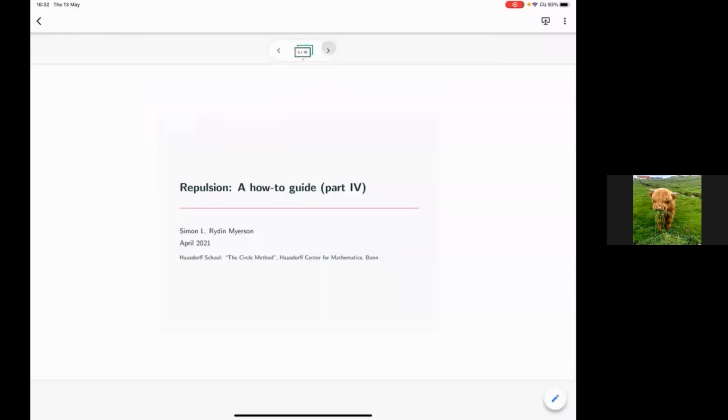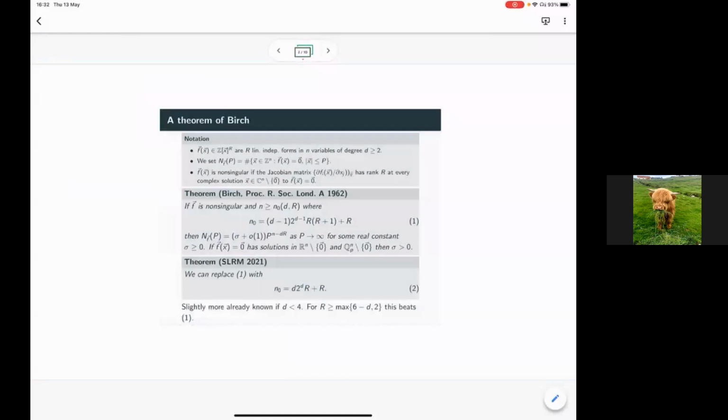So the starting point for all of this was this theorem of Birch, and the desire to reduce the number of variables needed to get this nice asymptotic formula for the number of integral solutions to some homogeneous equations.